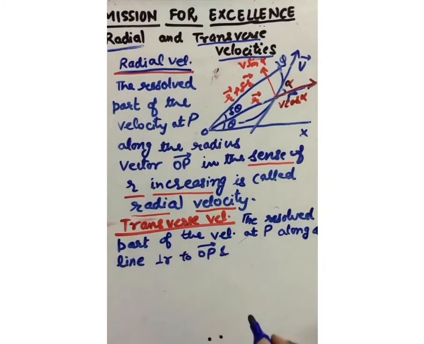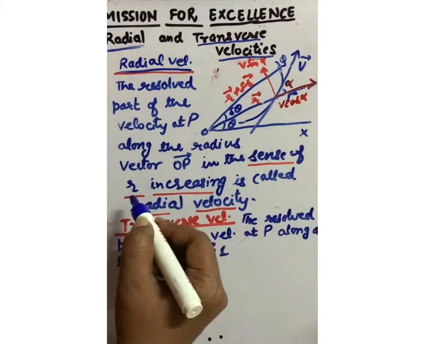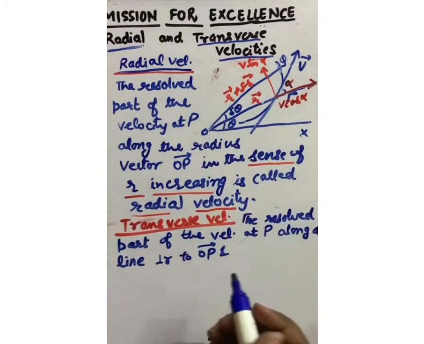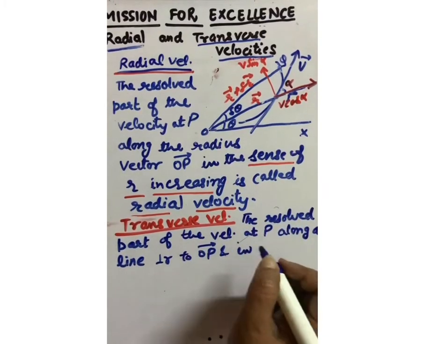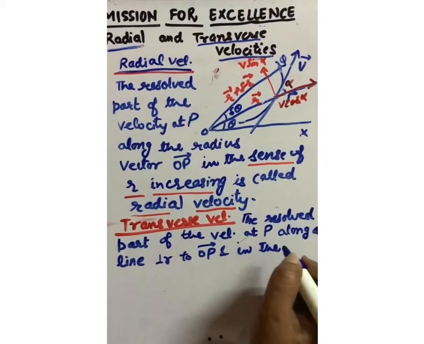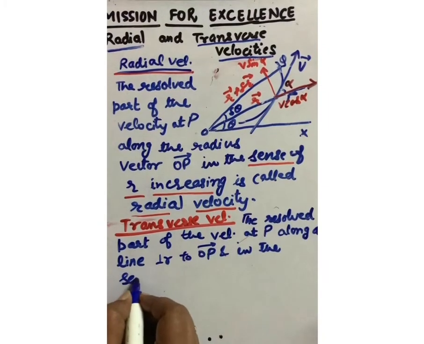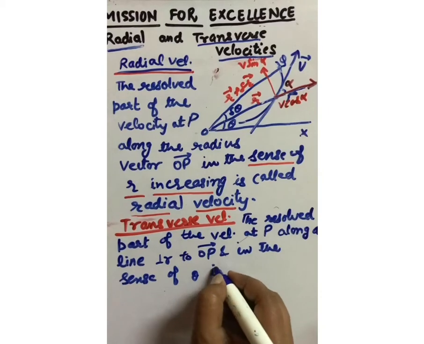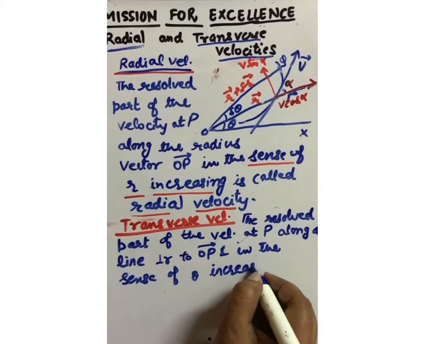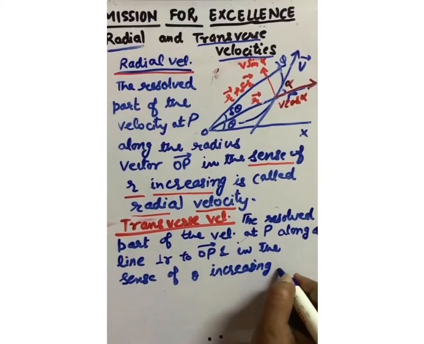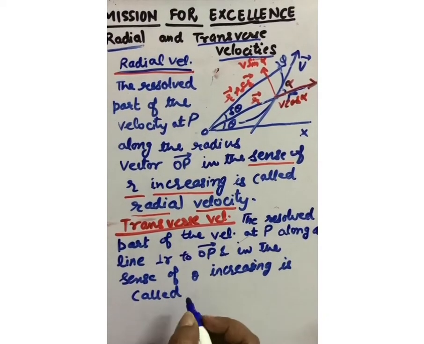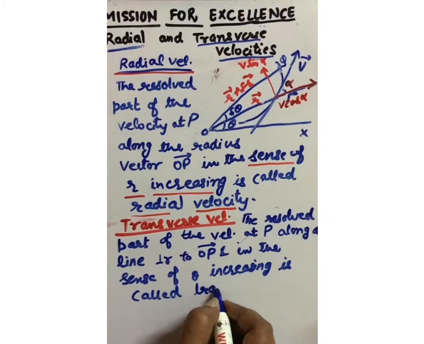Since it is transverse, we take the angle, so in the sense of theta increasing is called transverse velocity.